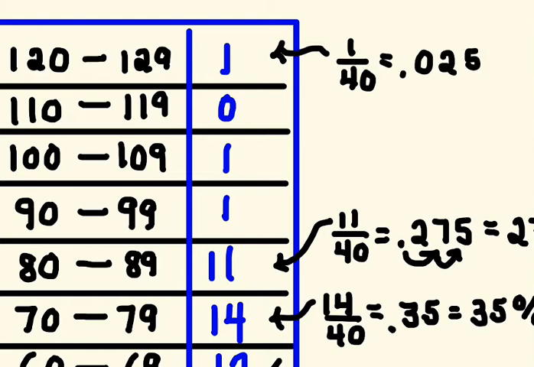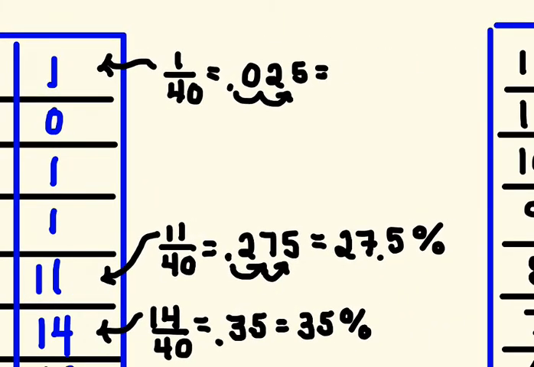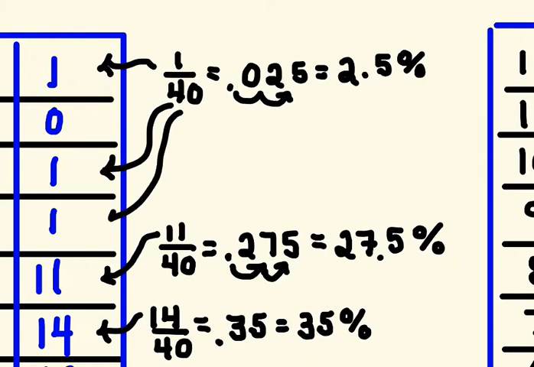And remember, we have to move the decimal place over 2 times. So that is going to give us 2.5%. It's hard to read. 2.5% is also the value for these two classes here, right?